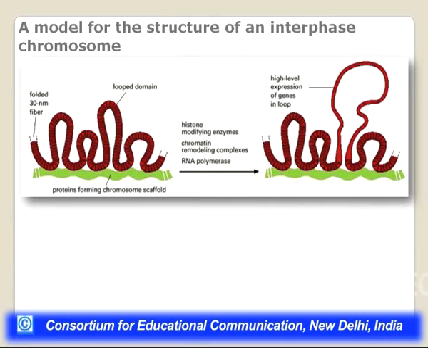Then the expression machinery or the replication machinery can work on these decondensed loops, where the DNA is exposed and the machinery can sit on the DNA in a sequence specific manner and do whatever function it needs to do.